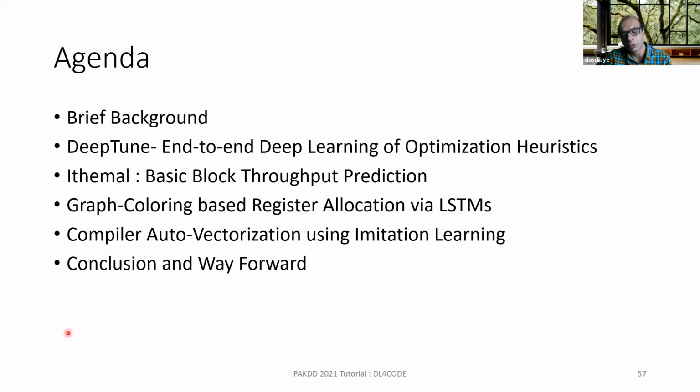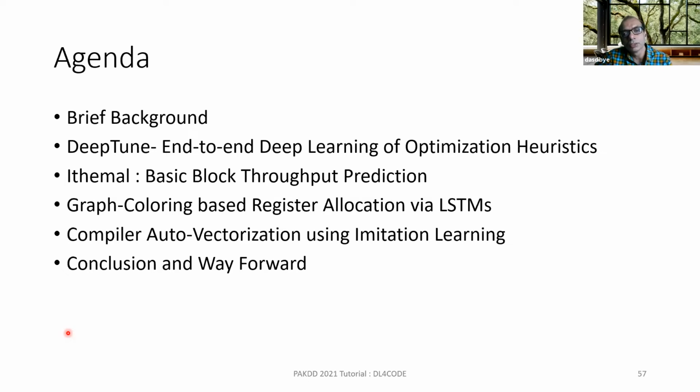One is DeepTune that Dr. Ramakrishna referred to several times, with an end-to-end deep learning of the optimization heuristics, specifically for device mapping. I'll also talk about Ithemal, which is a basic block throughput prediction mechanism, which was pioneered by Professor Amarasinghe and his student Charith Mendis from MIT. DeepTune is from Chris Cummins from University of Edinburgh.